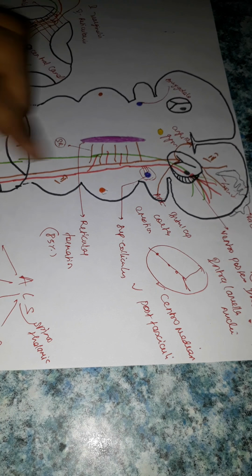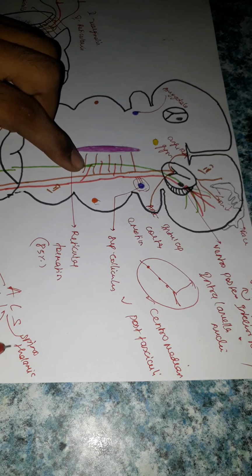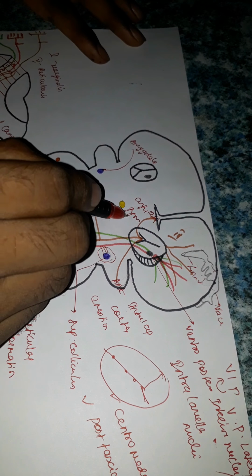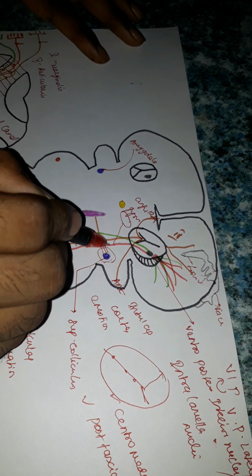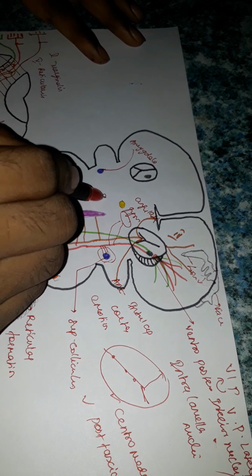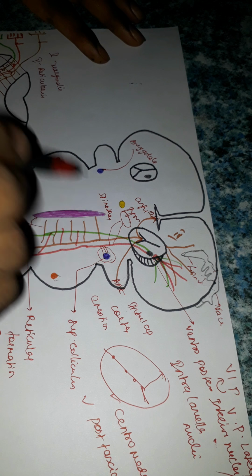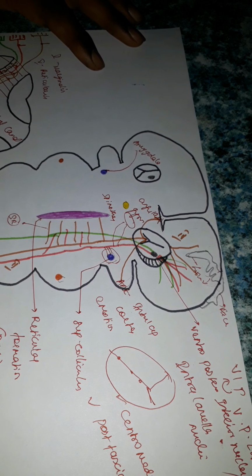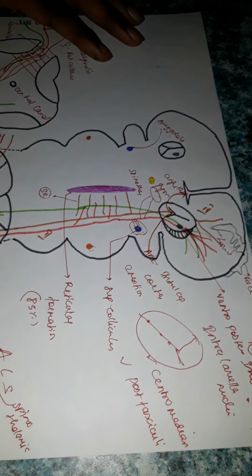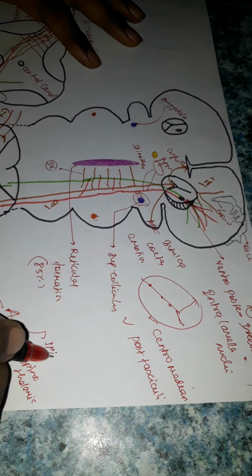Your spino-reticular is over, your spinotectal is over, and spinothalamic. So your thalamus will be here, and the fibers give to the thalamus. This is your spinothalamic pathway, and this is associated with the vomiting, the fear, all those sort of things. Okay, now the most important thing is your spino-mesencephalic.